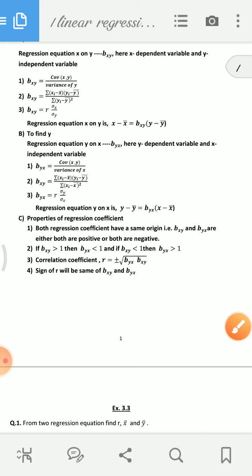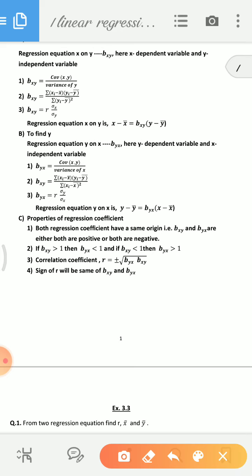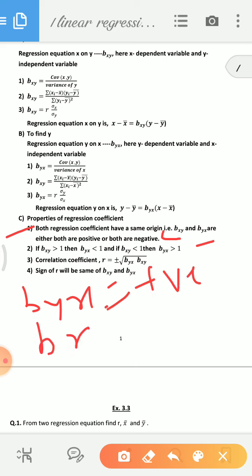Then see the properties of regression coefficients. First property: both regression coefficients have the same sign, that is b of xy and b of yx are either both positive or both negative. That means if b of yx is positive, then in the same way b of xy is also positive.